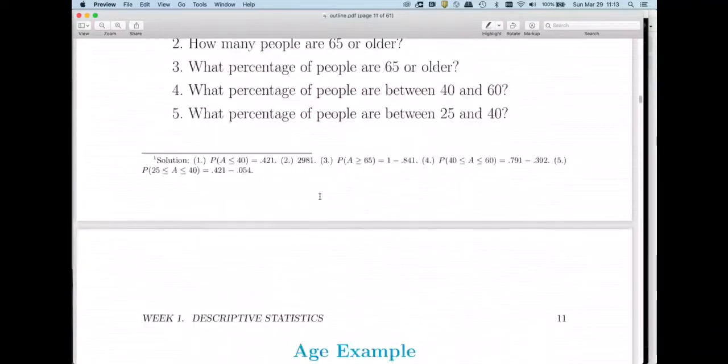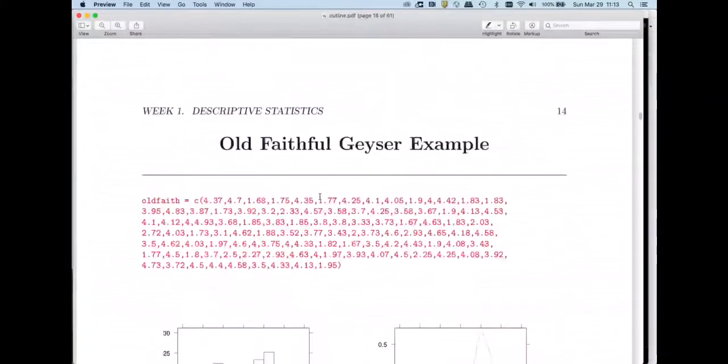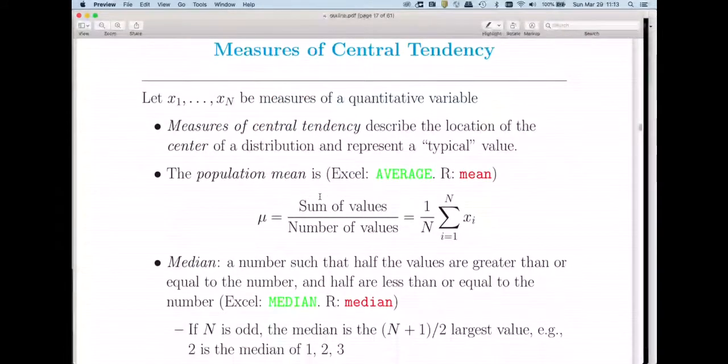So you've seen this stuff probably going back to grade school. I'm going to therefore go pretty quickly. Let's say I've got some set of measurements, and I'm going to use the notation for a population right now. So what makes this population notation is the big N. So big N is the number of people in my population usually.